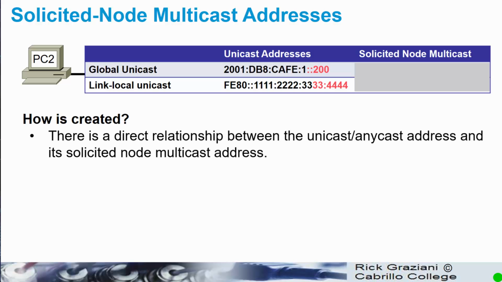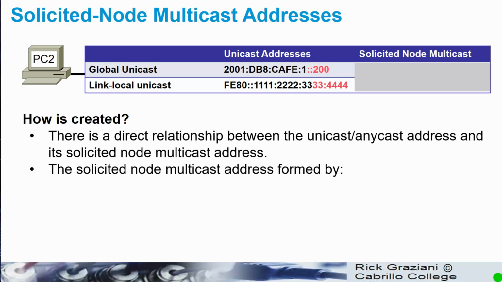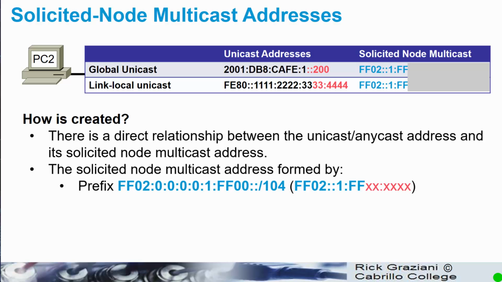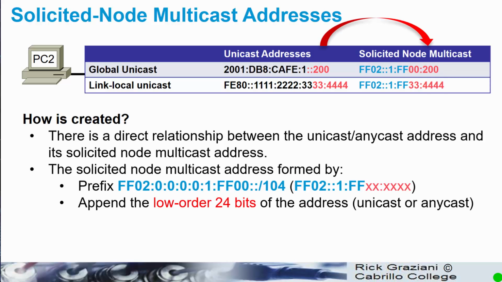How is it created? There is a direct relationship between unicast addresses and their solicited node address. The solicited node address is normally formed from the remaining last 20-ish bits. I've heard several reports of 20, and I've also heard several reports of 24, so realistically, between 20 and 24.